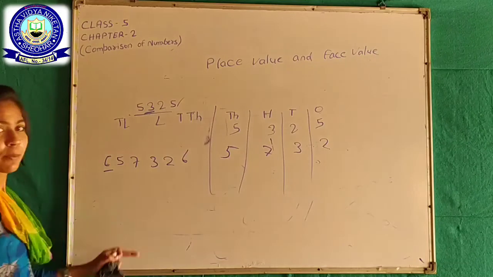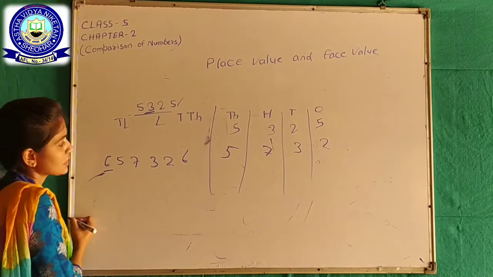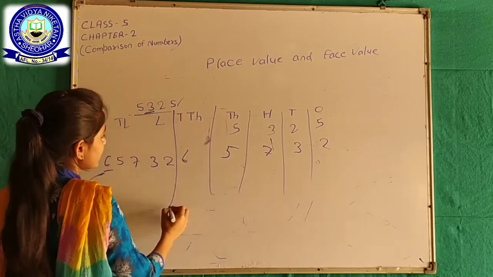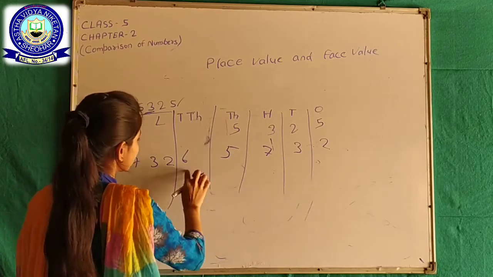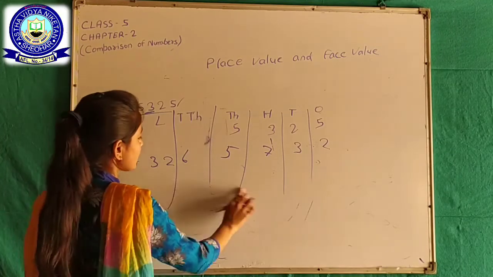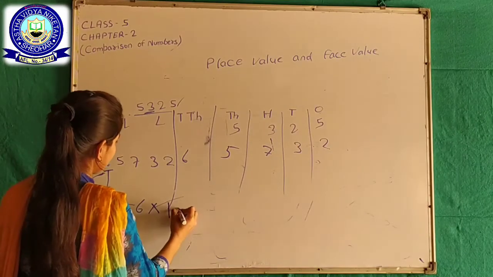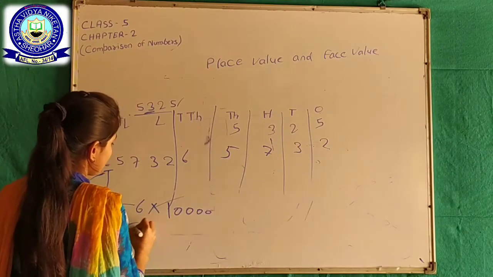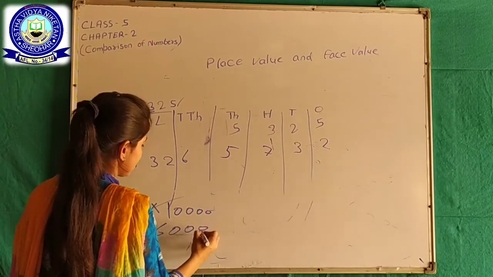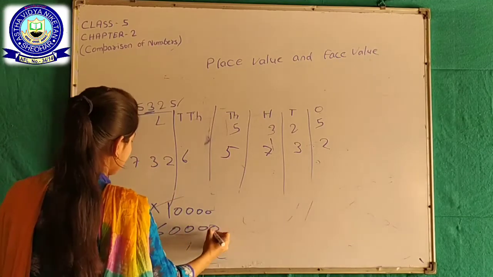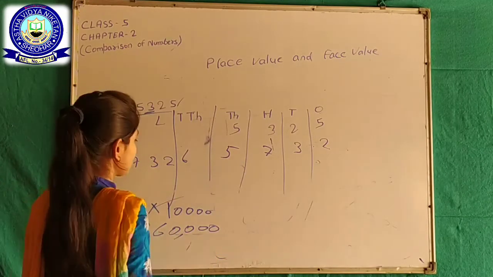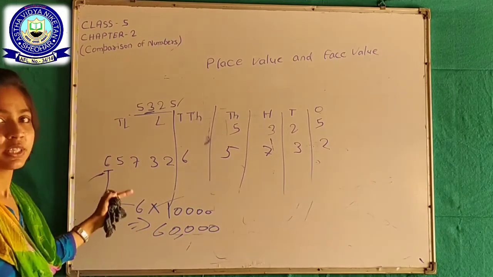We have to find the place value of this digit 6. 6 is in the ten thousands position. So 60,000 is the place value of 6 in this number.